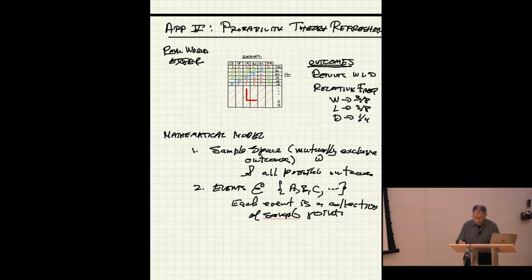And corresponding to the real world experiments, in our case, they might be win, lose, draw. In fact, you can see what I've done here. The red things are lose, etc. And the third thing we get is essentially a probability measure.